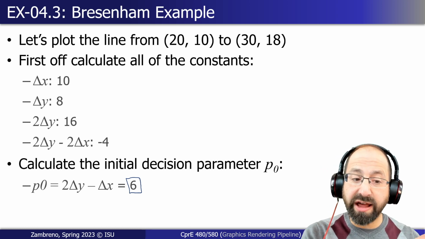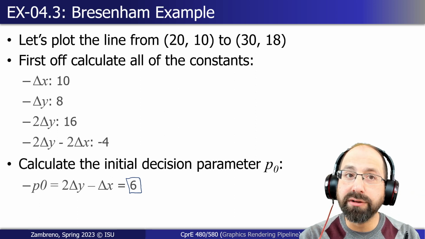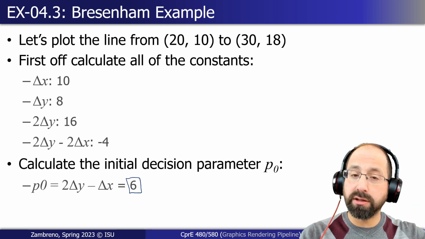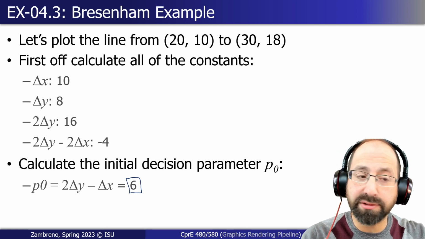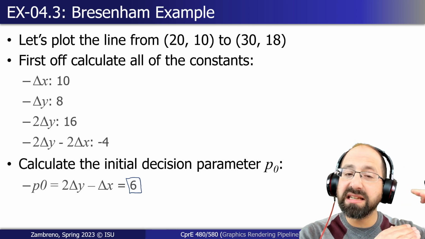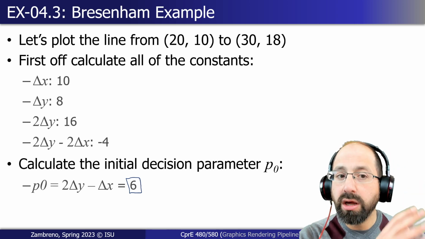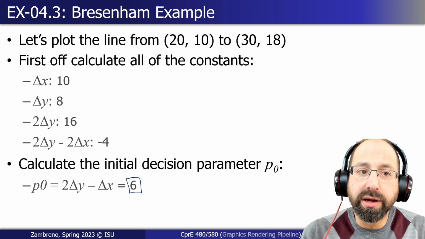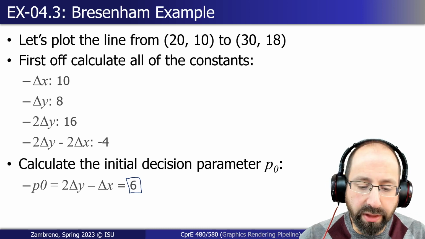We start with this value of p sub 0 for this line. The sign of it is positive. d lower is greater than d upper, not by 6, but it's got the same sign as this decision parameter. The distance to the lower point is larger than the distance to the upper point. We should go up a point, because we're closer to that upper point.